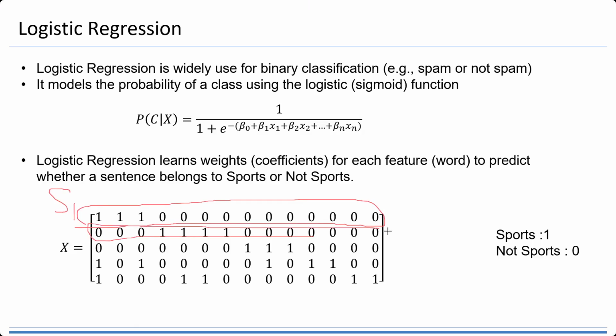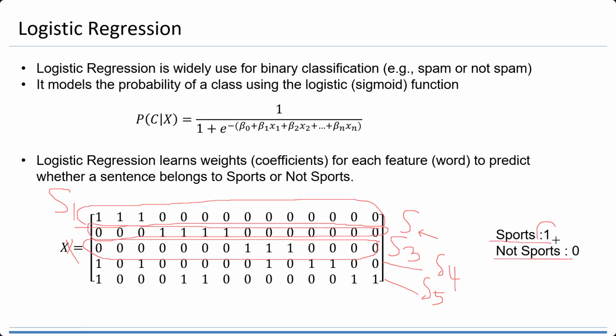This is sentence 2. This is sentence 3. This is sentence 4, and this is sentence 5. So you can have this X, these are the features to determine whether it belongs to sports or not sports.